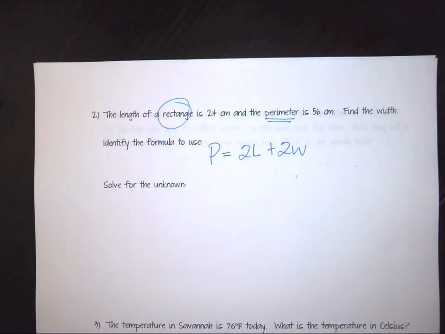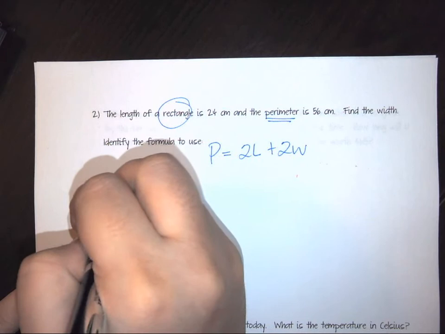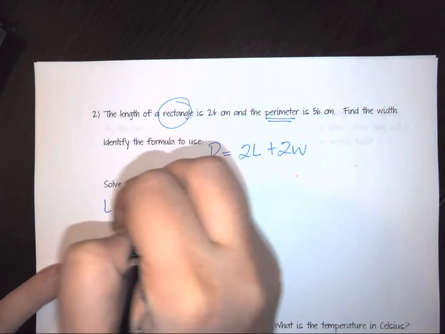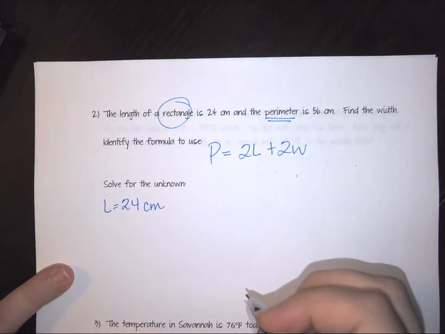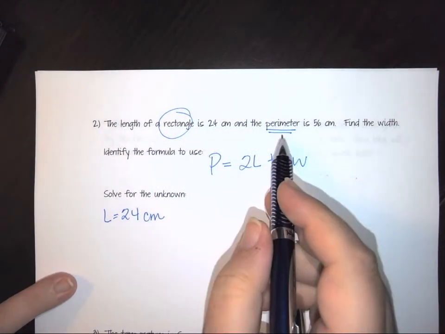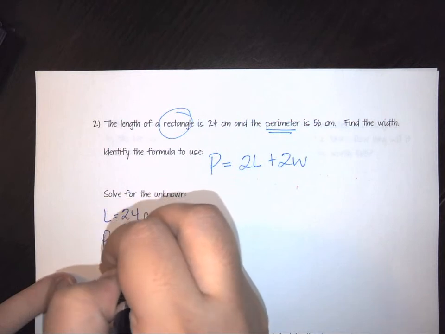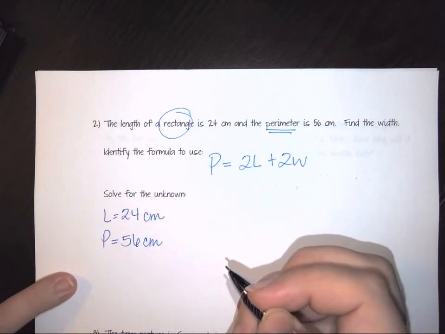Now I have to plug in the information I've been given. I know that L equals 24 centimeters, and I know my perimeter is 56 centimeters.